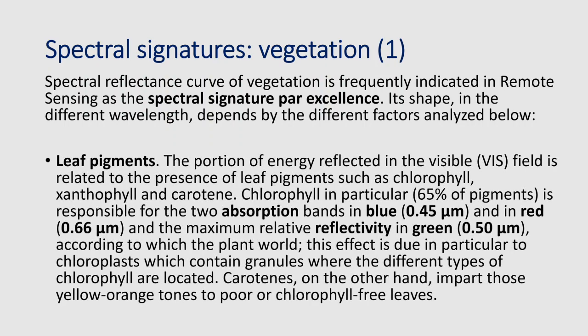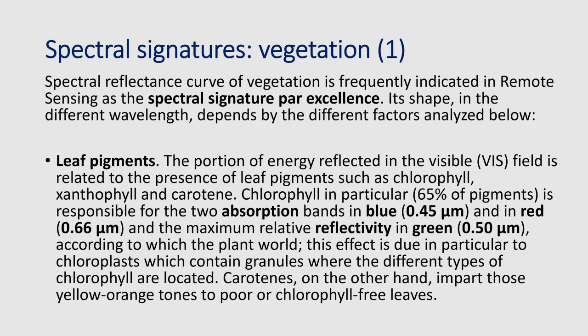So, what is important is what is connected, as you can see here, with the leaf pigments. The portion of energy reflected in the visible, the acronym in English being VIS, field is related to the presence of leaf pigments such as chlorophyll, xanthophyll, and carotene.